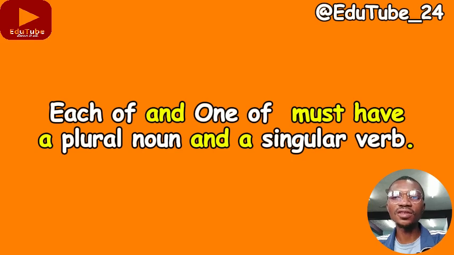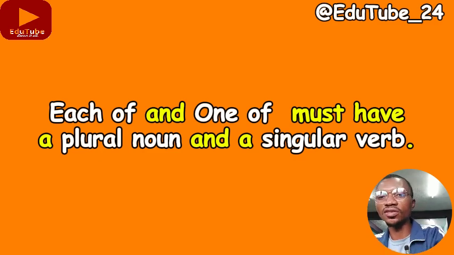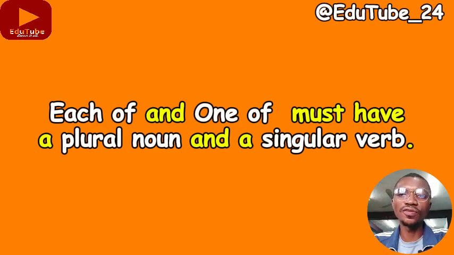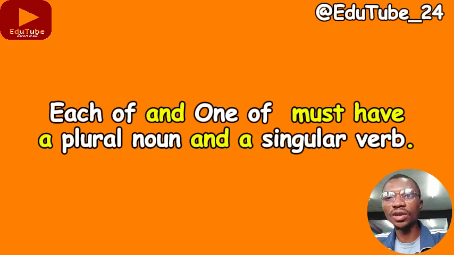Now that is slightly related to commandment number 16. Commandment number 16 says each must have a singular noun and a singular verb. That means whenever you make use of each, you must put a singular noun after it and a singular verb after it. But in this commandment 17, there's an addition of, of. So each of must have a plural noun and a singular verb.